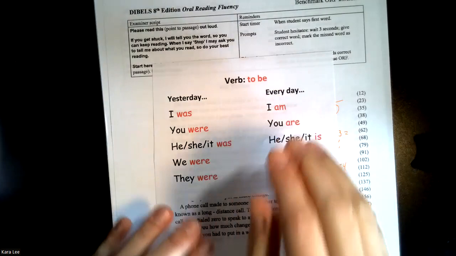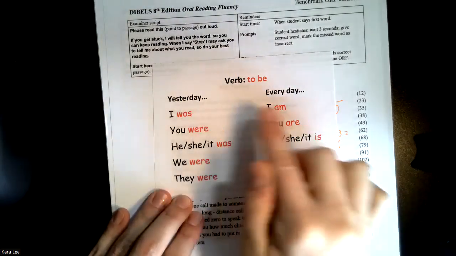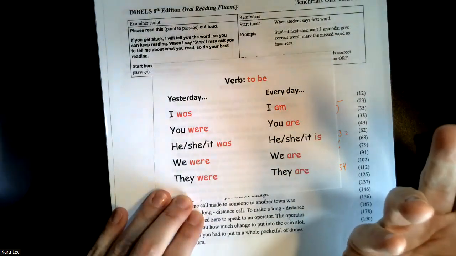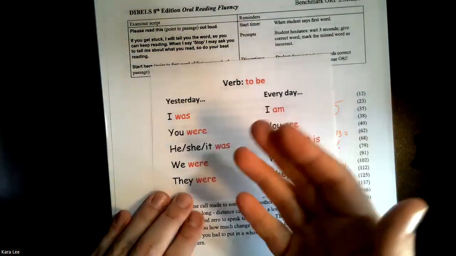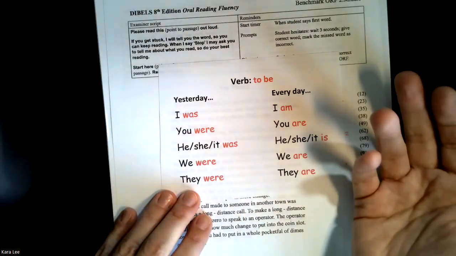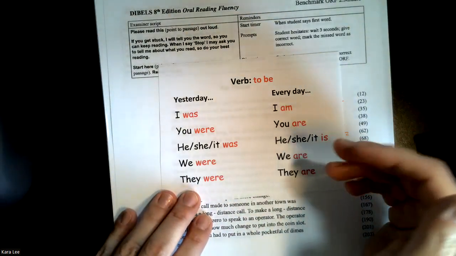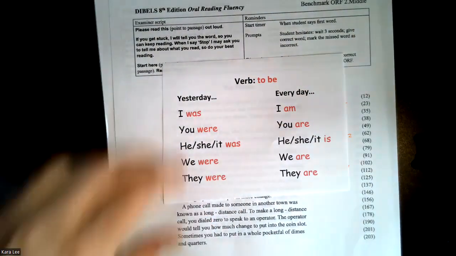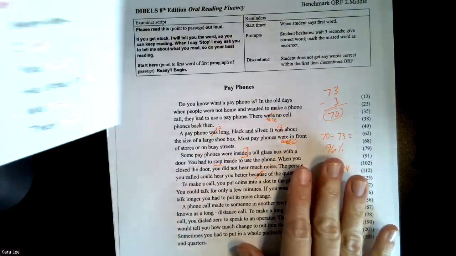Many students don't even really understand that this is a verb, the most common verb. And it's also not describing an action, it's describing a state of being, which is quite abstract.